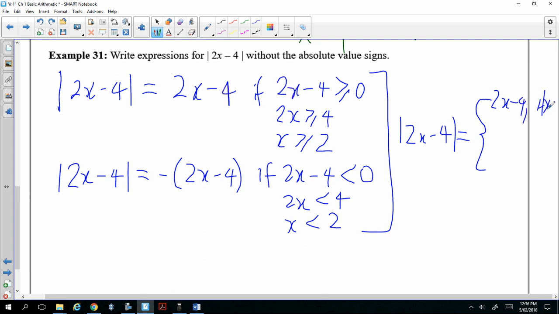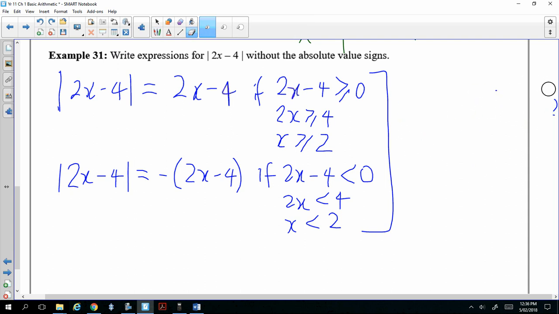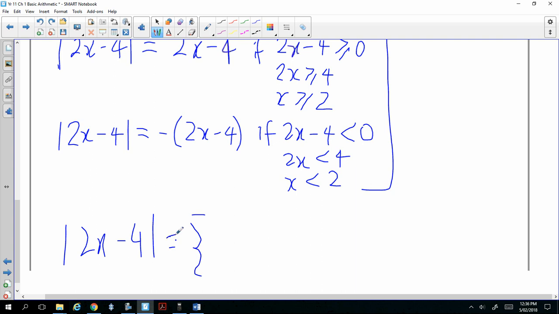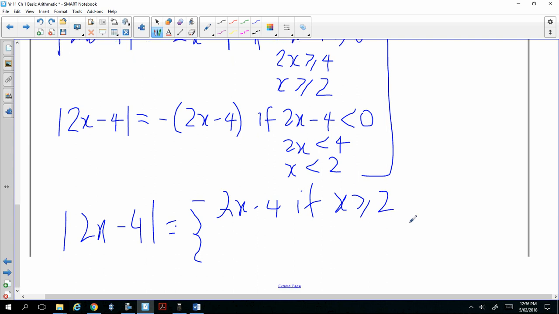So absolute value of 2x minus 4 equals two cases. 2x minus 4 if x is more than 2, and negative of itself if x is less than 2. This is your final answer. So I've written 2x minus 4 in absolute value without an absolute value sign.